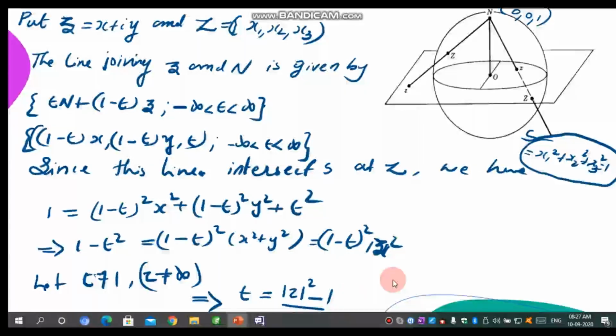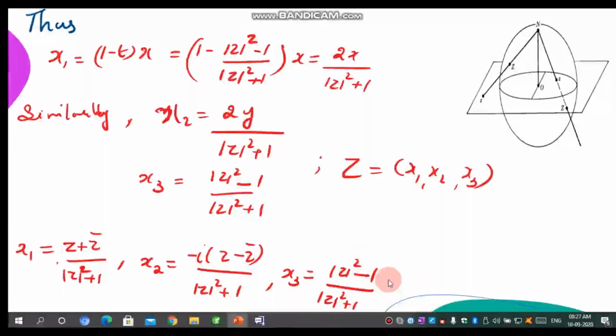Now again you substitute. x1 is equal to (1 minus t) into x. When you substitute for t, mod z square minus 1 by mod z square plus 1, you will get x1 as 2x by (mod z square plus 1).